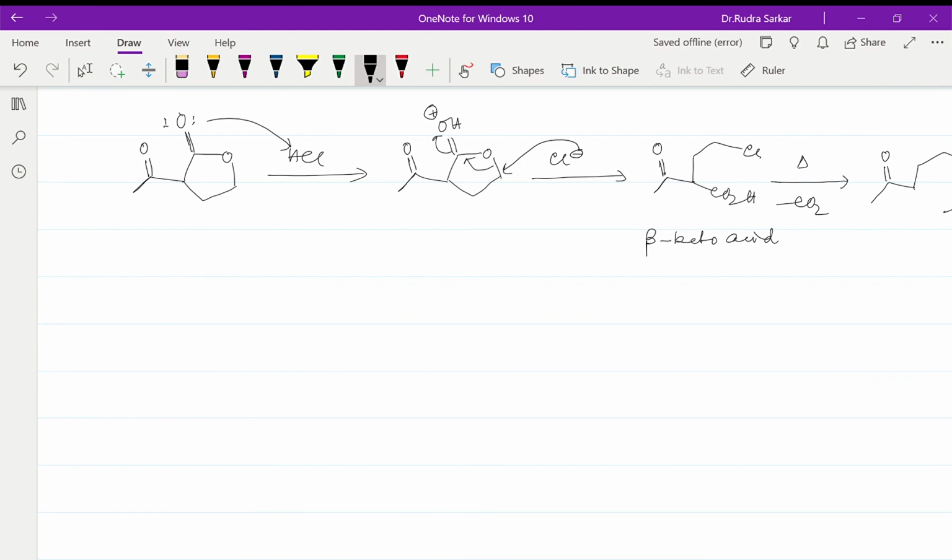Now we have already discussed how carbonyl groups such as aldehydes and ketones can be protected using acetals or ketals. So here we are going to protect an alcohol using the same strategy. So we are considering here acetal protective groups for alcohol.